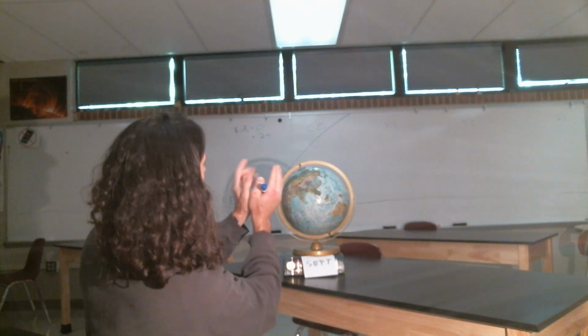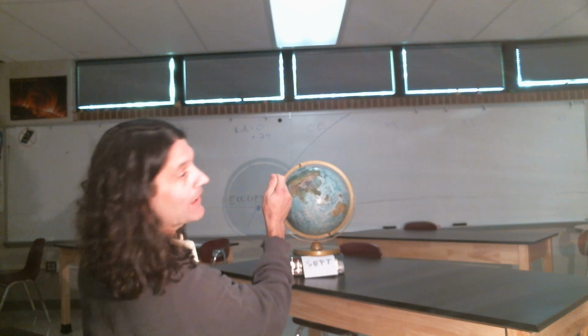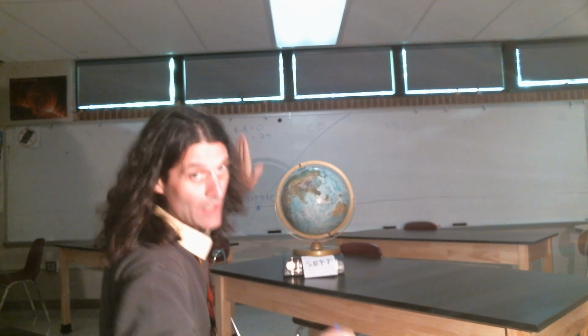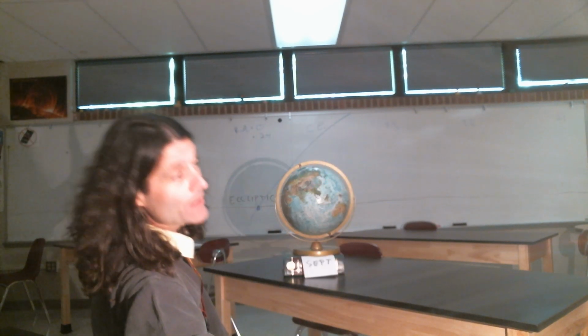So instead of saying we're at 15 degrees longitude, what we would say is we are at a right ascension of 1. And instead of saying we're at 30 degrees longitude, we're at a right ascension of 2 in the celestial sphere, okay?